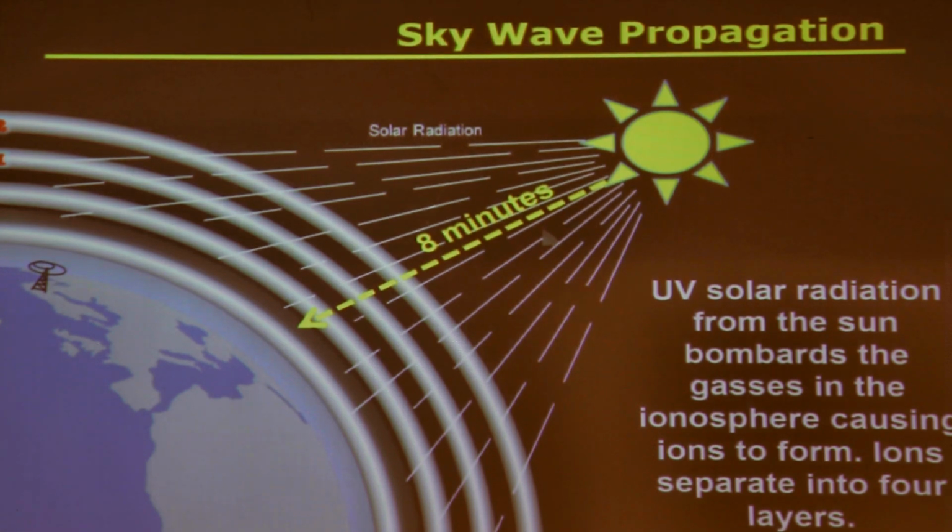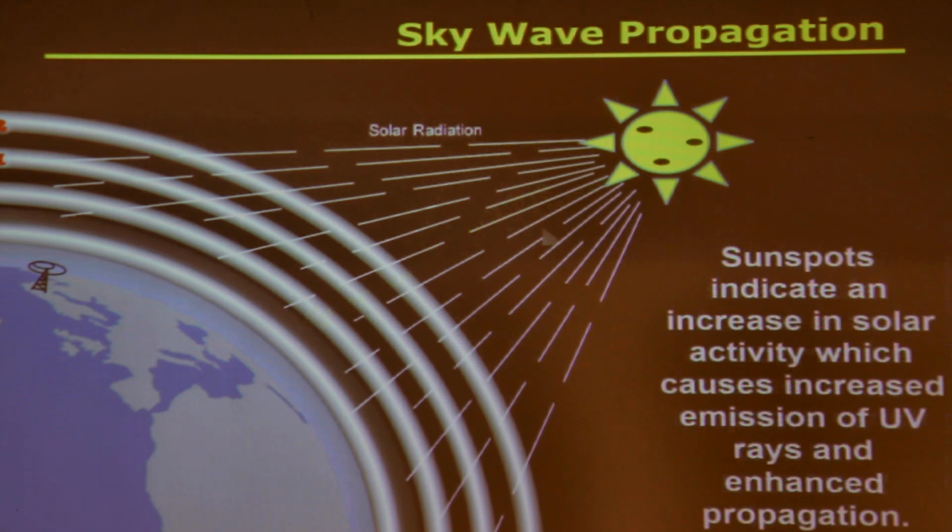The stronger the sun is, like midday, the stronger the propagation. It's going to be weaker in the morning and in the evening because you're not getting full sunlight. At midday, it's going to be the strongest. Now, this varies by how much ultraviolet radiation the sun is emitting.